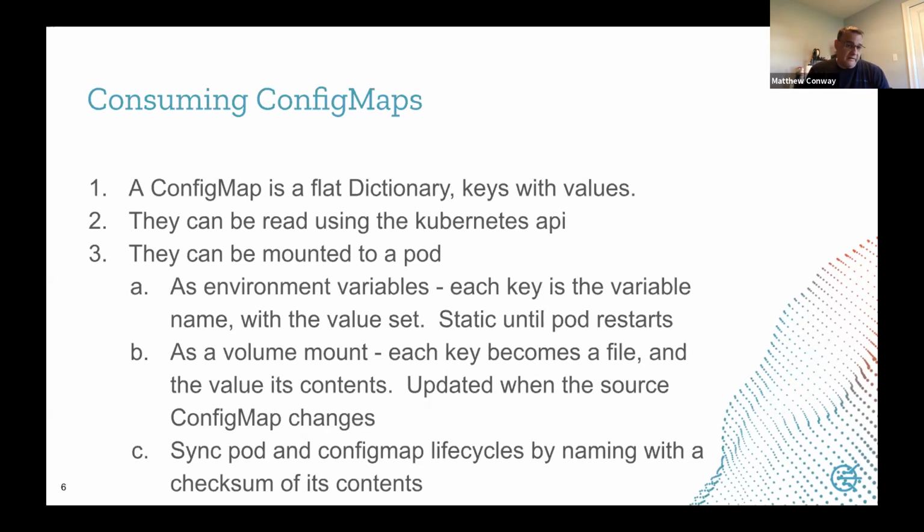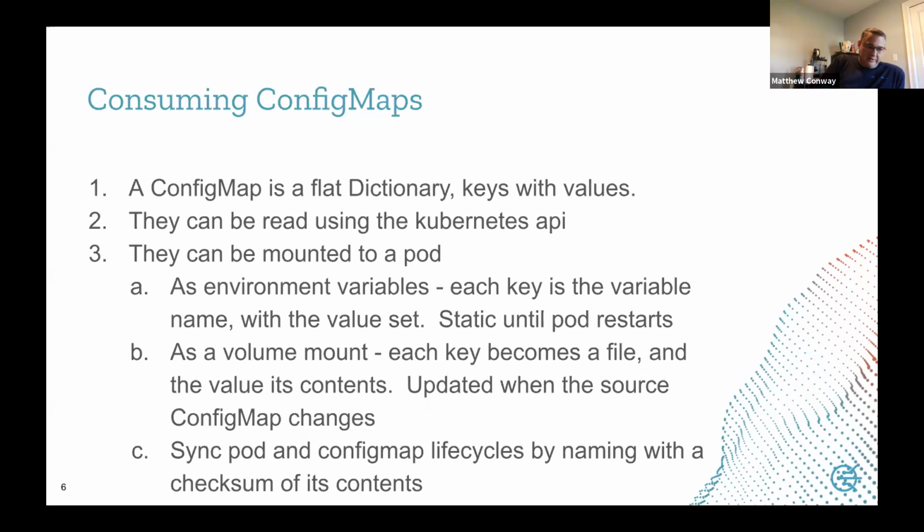Finally, since there are these two different ways of mounting into a pod, a lot of people want to be able to automate, especially when you're using environment variables, the life cycle of the pod whenever you change configuration.